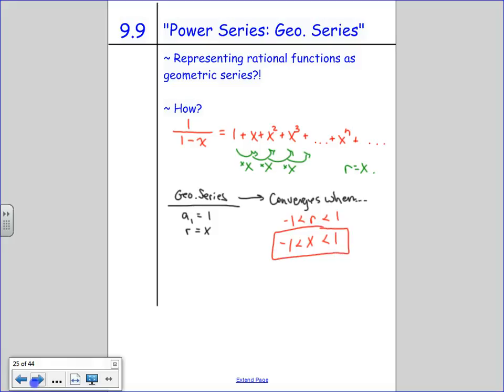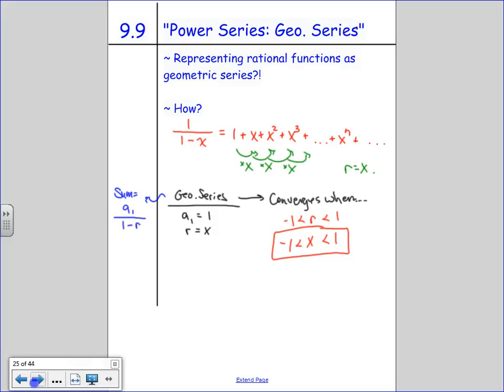Not only does it converge, but it converges to what? If a geometric series converges, what does its entire infinite sum equal? 1 over 1 minus x.